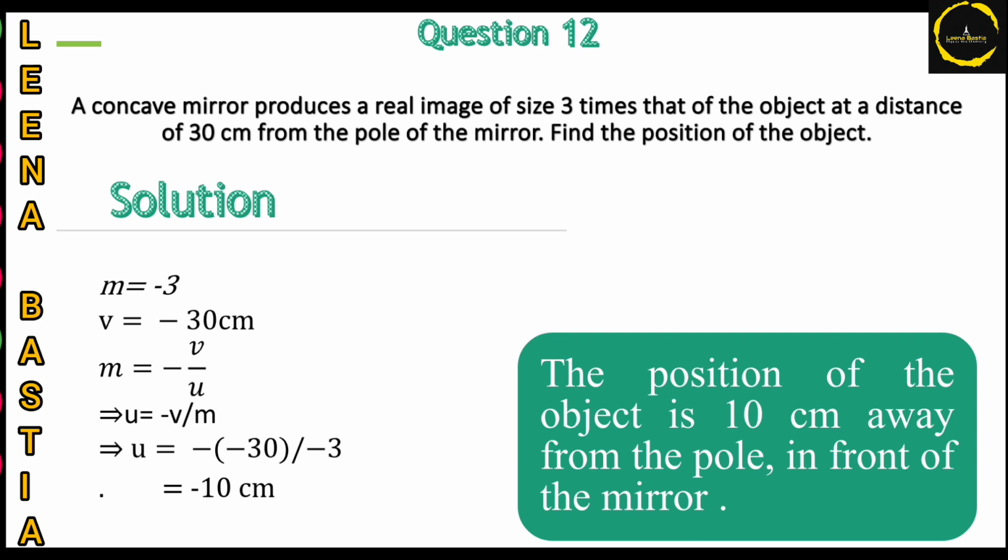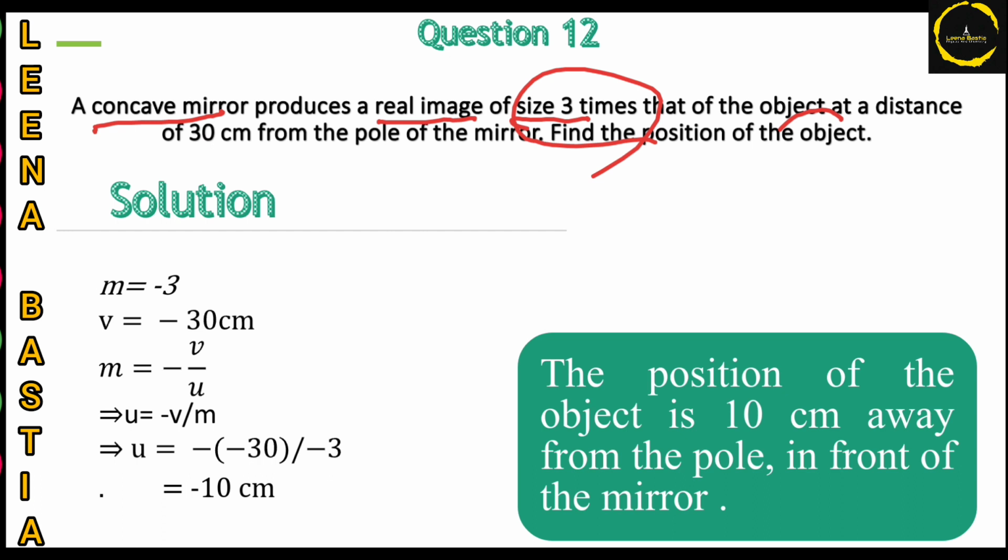Now it is 3 times, if it is comparing the size of the object and the image, that means that is the magnification value. If it is comparing the real image and the object, that means it is the magnification value. Because it is a concave mirror, you come to know that it is a minus sign we have to put for the magnification.